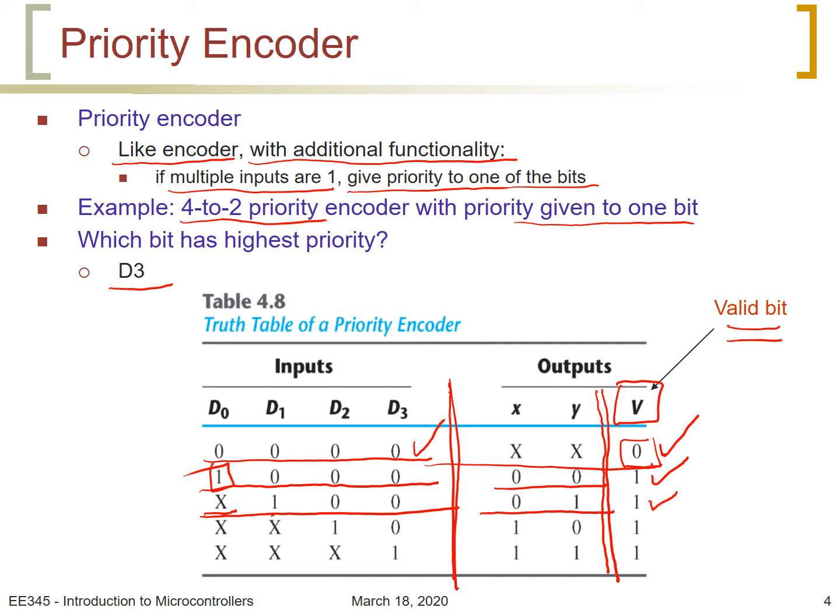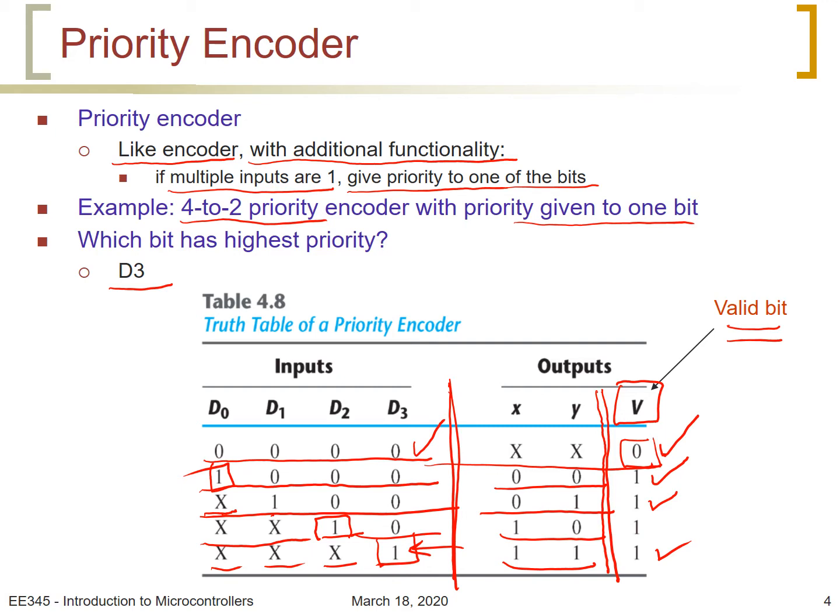And if we have D2 is 1, we don't care for the inputs D0 and D1, and the output will be 1, 0, which means D2 is 1. And finally, when D3 is 1, we don't care for the values of D0, D1, and D2, and the outputs will be 1, 1, indicating that this input is a 3, and it is a valid output. So let me repeat, just to make sure it's clear.